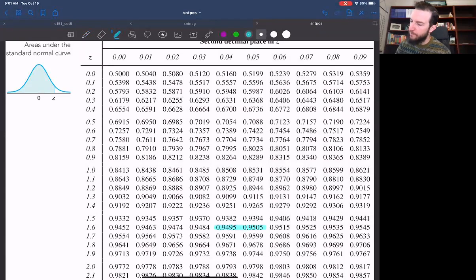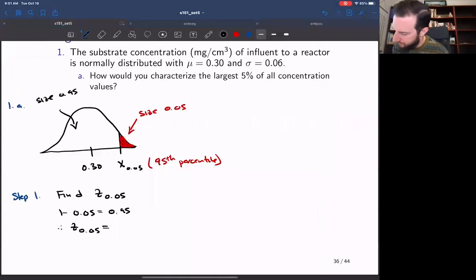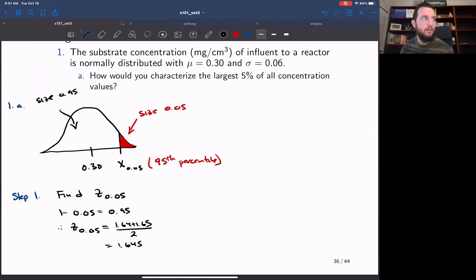All right, so 0.95 is that special value that's bounded in between these two numbers perfectly. That means it's going to be the average of 1.64 and 1.65. This is a unique value. This kind of averaging does not happen very often, but for this particular value, we would use this trick.